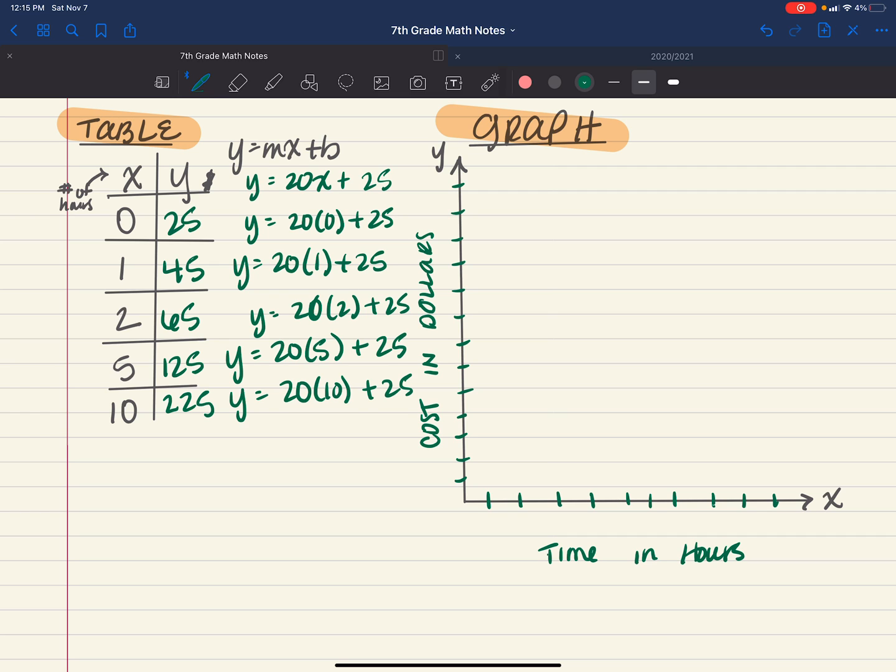Now when it comes to labeling my x-axis, looking at my table, I have 0 through 10, and I made sure to have 10 tick marks, so I'm just going to label that 0 through 10. Oops, I guess I did not have 10 on there. Oh wait, 0 is at the origin, guys.